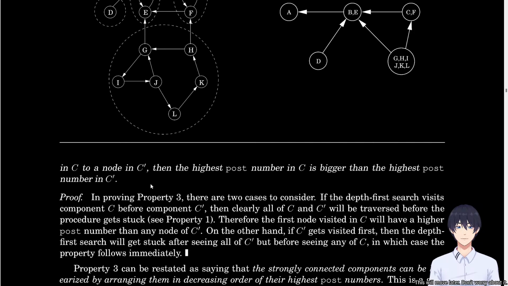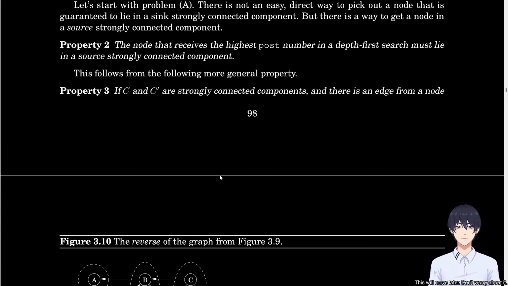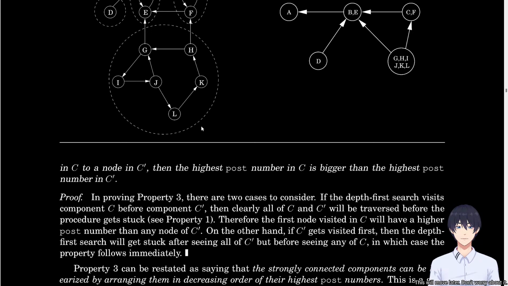You start in C prime. No, because they're different strongly connected components. C and C prime are different. So yeah, if there were an edge from C prime to C, then this would be the same SCC.